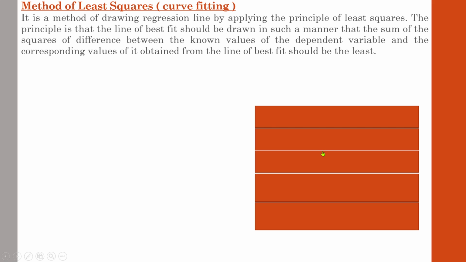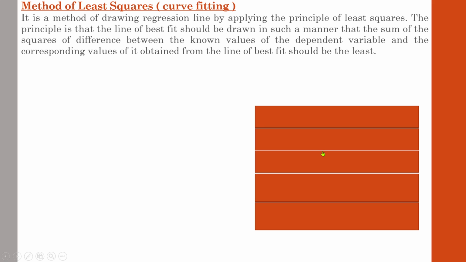The principle of least squares states that the line of best fit should be drawn in such a manner that the sum of the squares of the differences between the known values of the independent variable and the corresponding values obtained from the line of best fit should be the least.